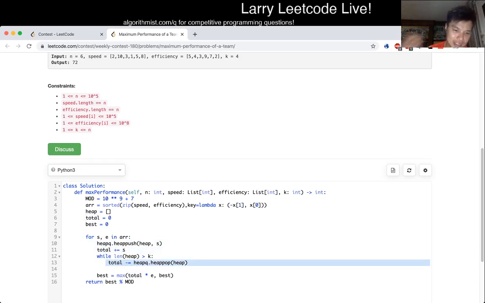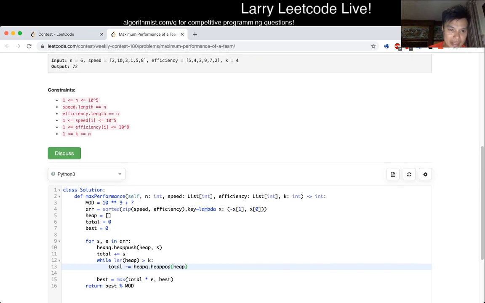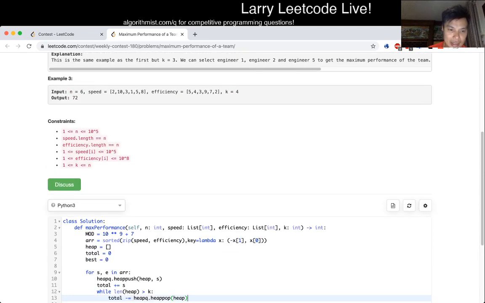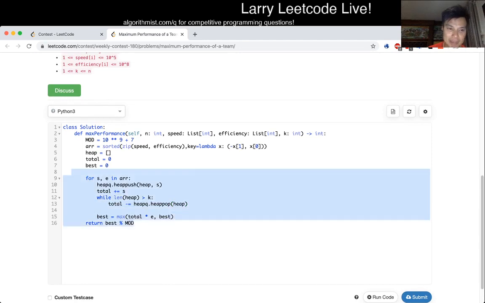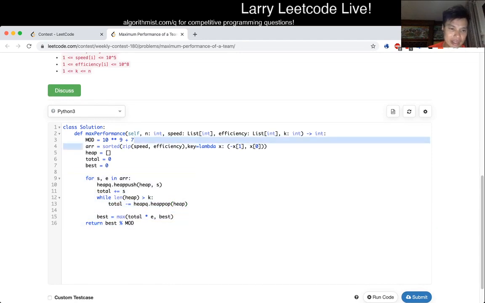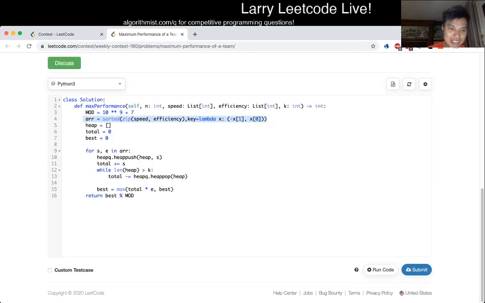Because summing, or addition, is linear, you can do this, and it's what you would call associative. So that's why I did it this way, and that allows it to be n log k. Well, okay, it's n log k for this part, but this part is n log n, so it effectively is n log n.